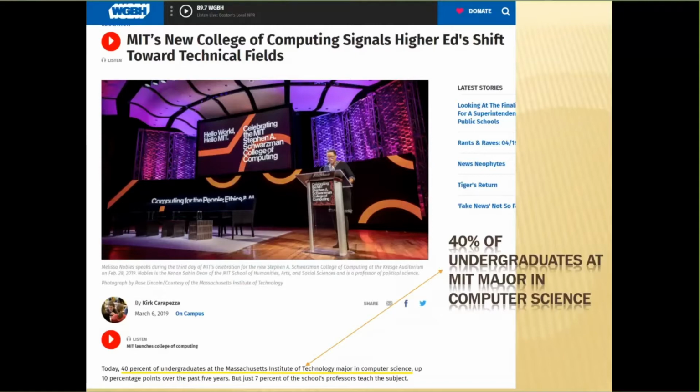So this shows again the importance of this major, its need, and what it provides for the industry, and how valuable and critical it is to graduate knowledgeable computer science students that can contribute to this industry and to the economy.